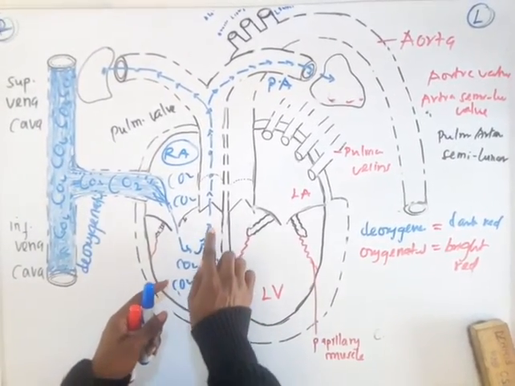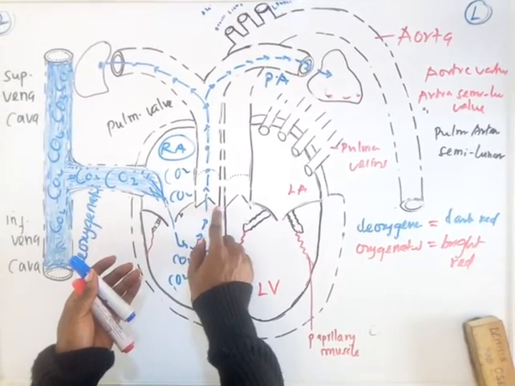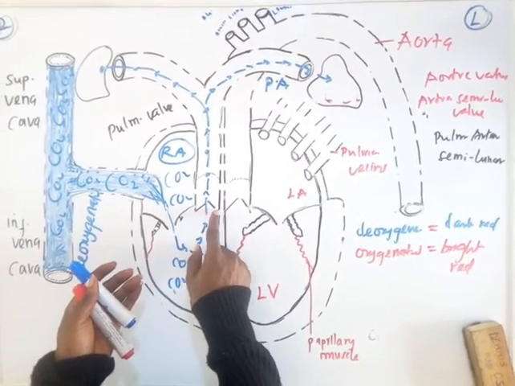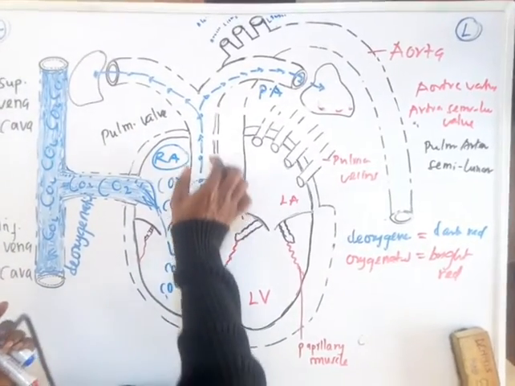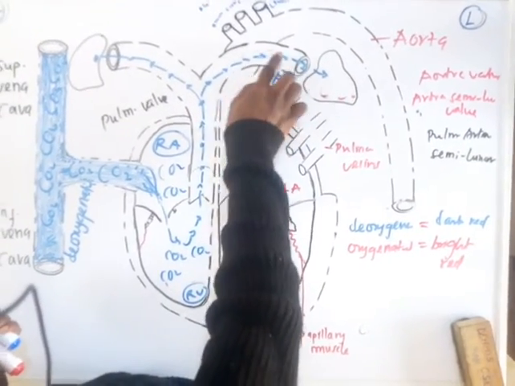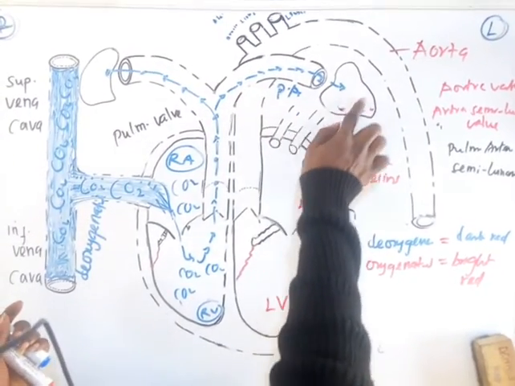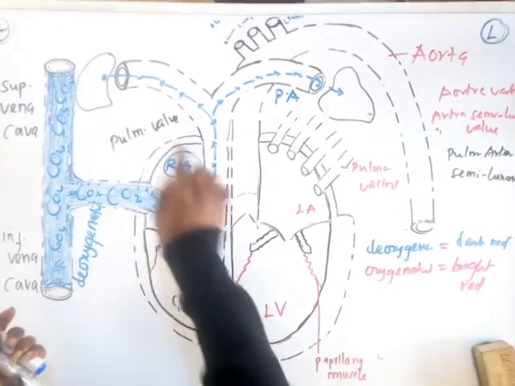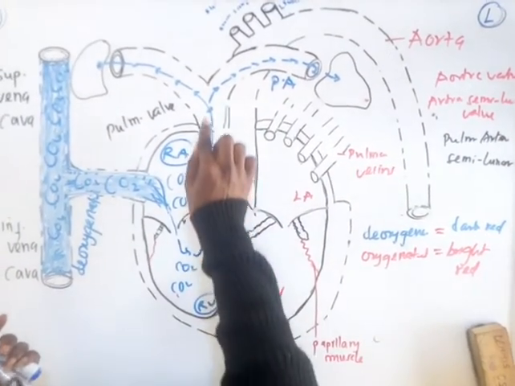Then with the help of the pulmonary valve, or the pulmonary arterial lunar valve, blood goes into the pulmonary artery, which divides into the right pulmonary artery and the left pulmonary artery, going to the left lung and right lung. The blood inside is CO2 blood, in other words, deoxygenated blood.